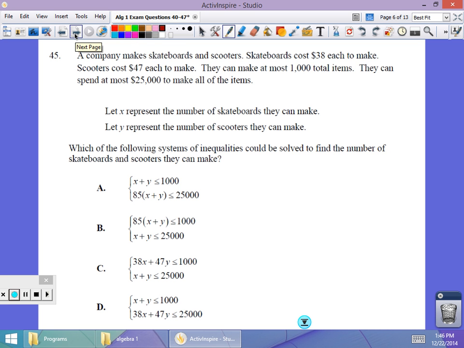45. A company makes skateboards and scooters. Skateboards cost $38 each to make, and scooters cost $47 each to make. They can make at most 1,000 total items. They can spend at most $25,000 to make all of the items.